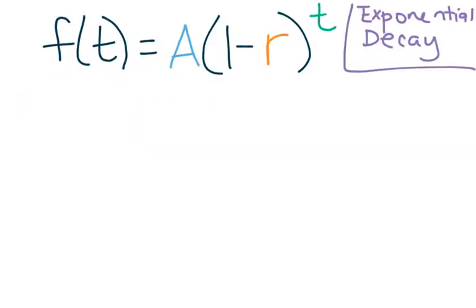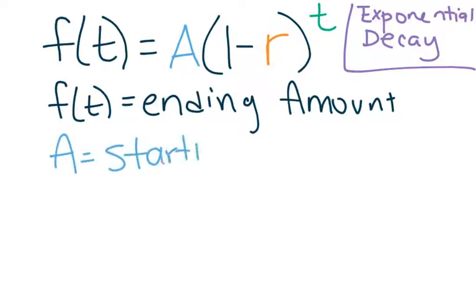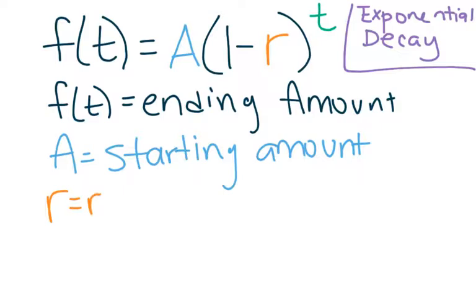Alright, so exponential decay, maybe you remember. F of t, same thing as that last one. It's going to be your ending amount. A is going to be starting amount. So the difference with this one is inside the parentheses, you're going to have 1 minus R. And R is still rate, and you're still going to change it to a decimal.